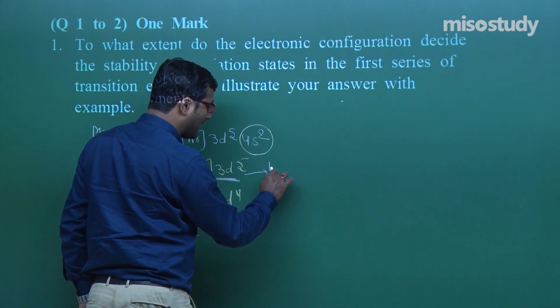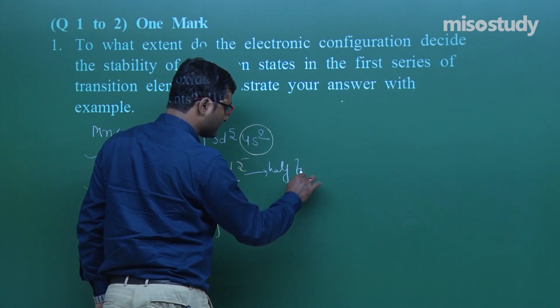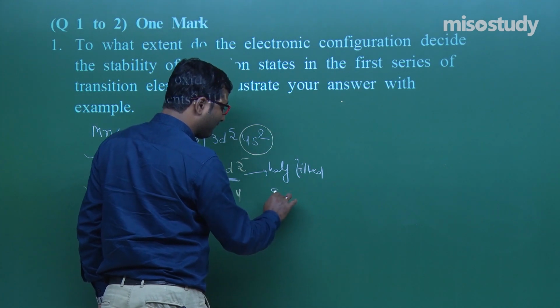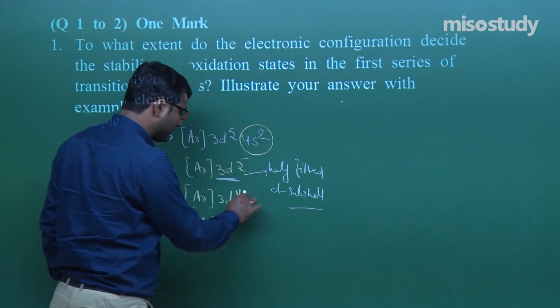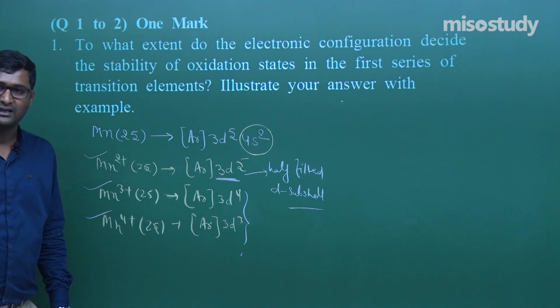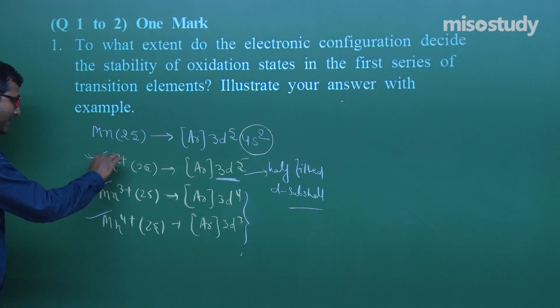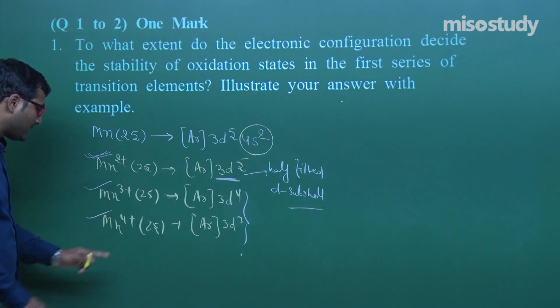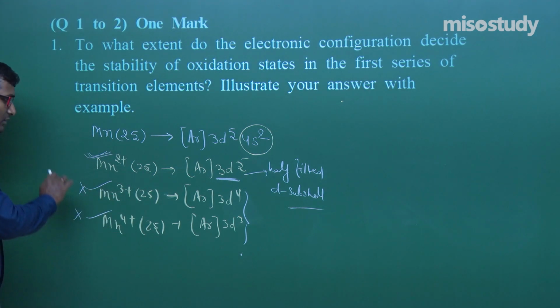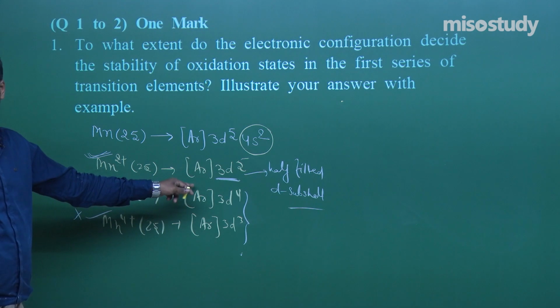This is the half-filled d subshell, which is more stable than the partially filled d subshell. So, we can say Mn in the +2 oxidation state is more stable than the +3 and +4 oxidation states. This is the case, my friend.